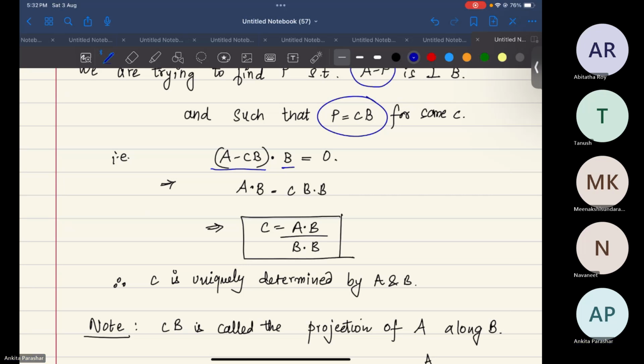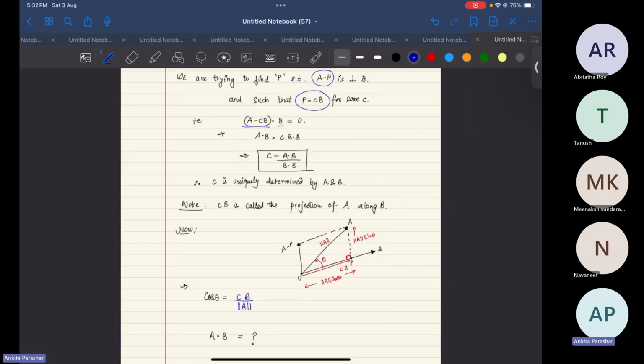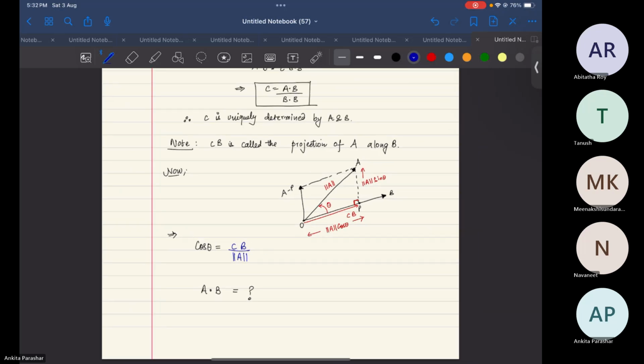Now from here, knowing all these facts, we got cos theta as C times norm B by norm A. We also know what C is. Now, can we tell what A dot B is? I might be confusing a few things.